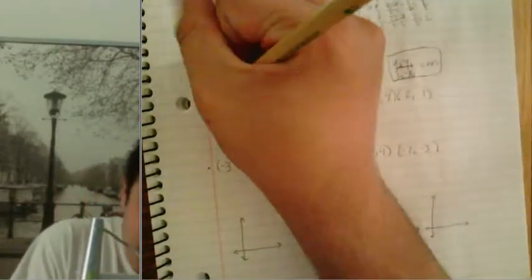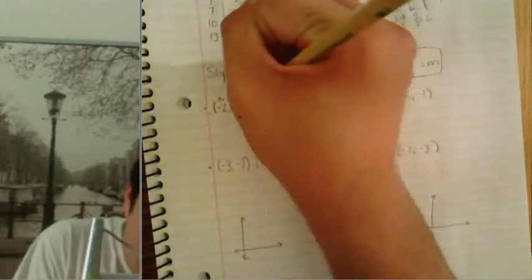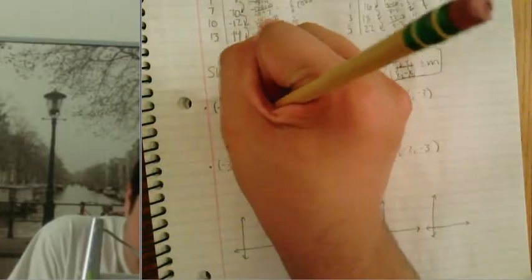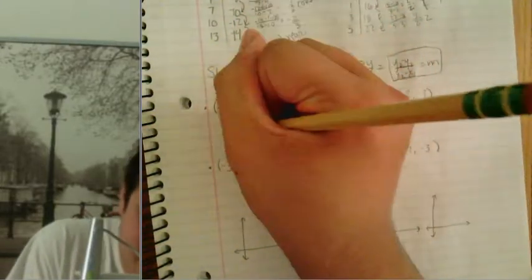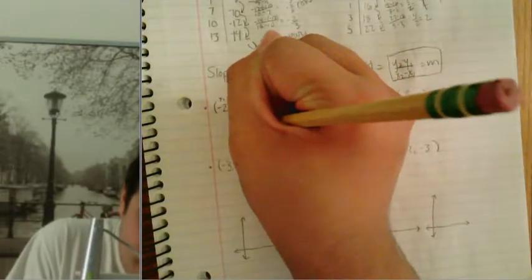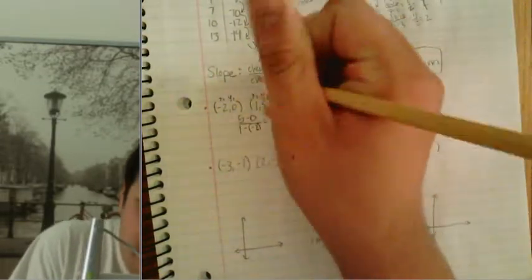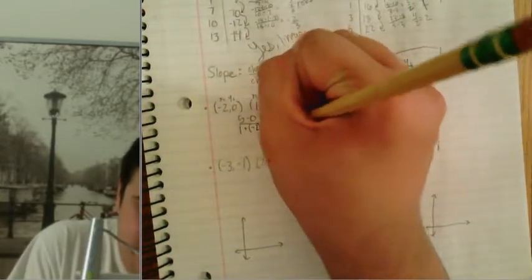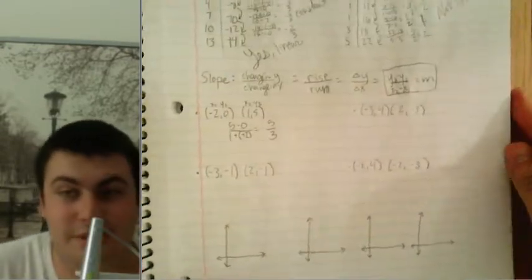So let's see, if we assign x1, y1 and x2, y2, and we use this formula to find our slope, we're going to do 5 minus 0, because that's y2 minus y1, over 1 minus -2, x2 minus x1. So we're going to have 5 over 3. That can't be reduced, so there's our slope.